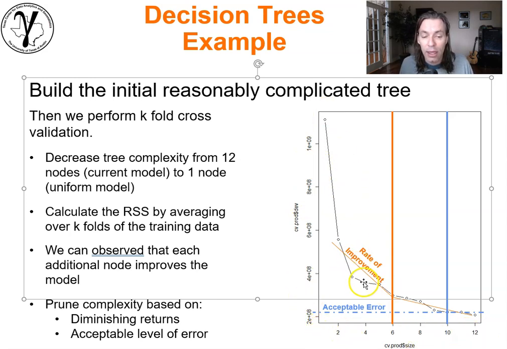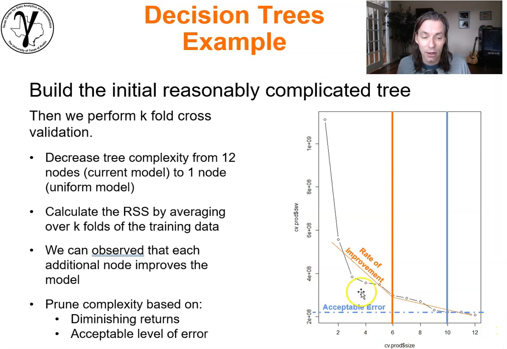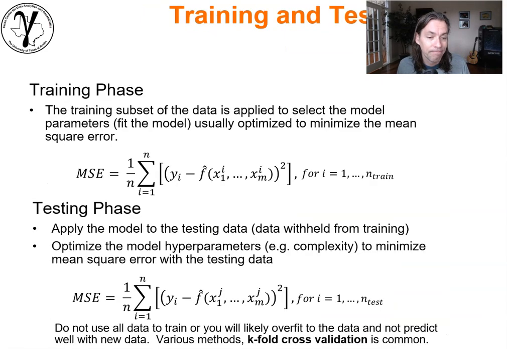And we can look at that plot and make a decision about what's the best level of complexity. Are we going to take some acceptable level of error? We don't see it coming back up, so I don't really think we're getting overfit necessarily. The rate of improvement, we might look at that and say, well, you have diminishing returns, complexity is cost, and so at some point it's not worthwhile adding more splits.